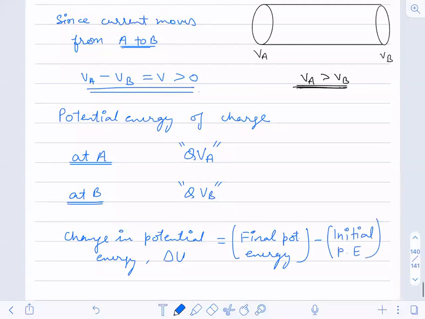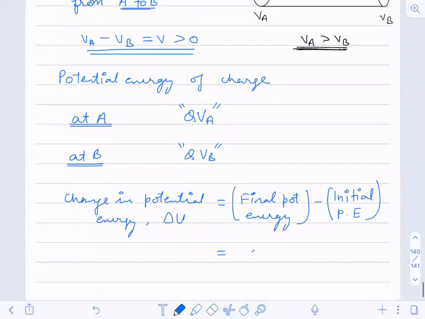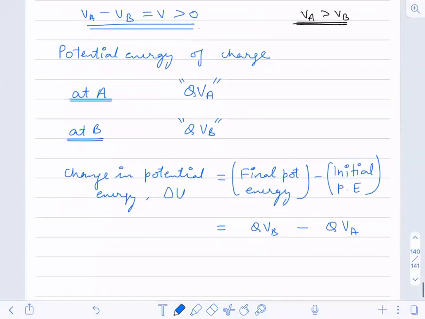Now, final potential energy is what? Q into VB, minus initial potential energy, which is Q into VA. Now, the Q value I can take outside, and then I can write VB minus VA.